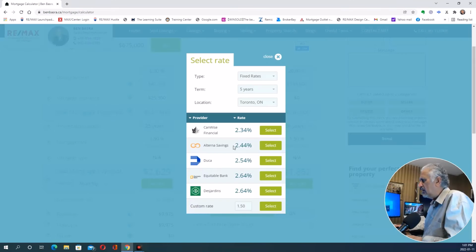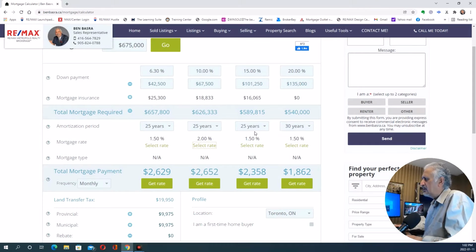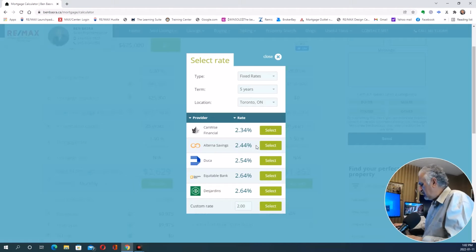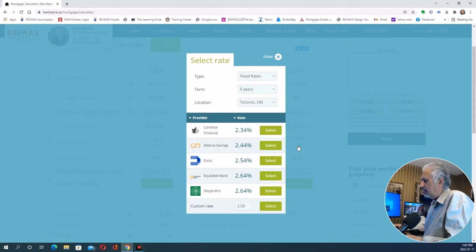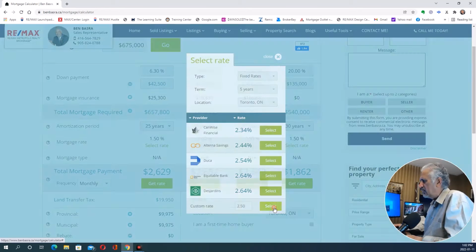And let's say you're getting 2%. And maybe 2.5%. Then with the 20% down also, let's say you're getting 2.5%.